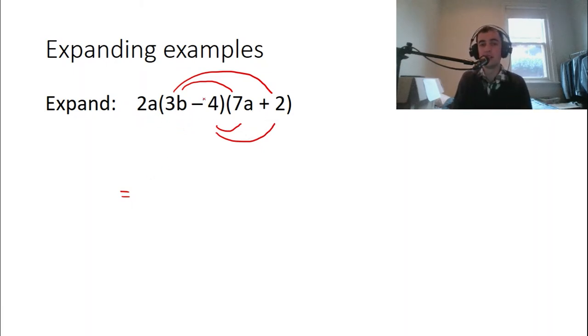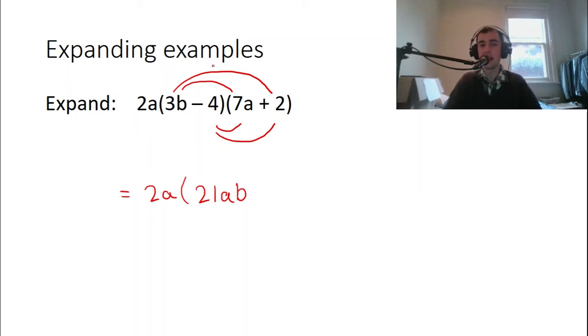All right. So let's write our 2a here, and then multiply the first 2. So 3b times 7a. Well, 3 times 7 is 21. And b and a, when you're multiplying them together, you should write it in alphabetical order. So ab, which is the same as ba anyway. We just write it in alphabetical order because it's nicer.